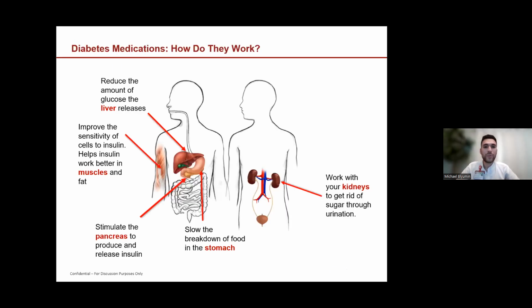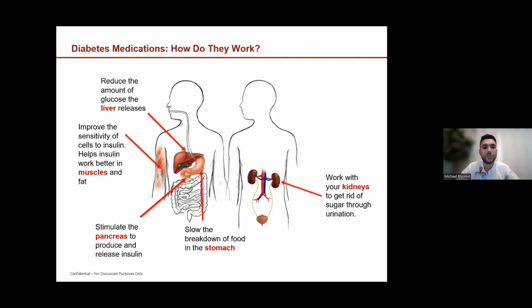So, we have a lot of different medications we use in diabetes. How do they work? Where do they work? Some medications work in the liver. This helps lower the amount of glucose the liver is releasing. As we said, the liver stores and releases a lot of our body's sugar. Some medications improve the sensitivity of cells to insulin, since insulin resistance is the main issue with type 2 diabetes.